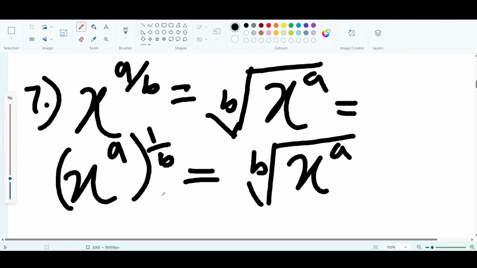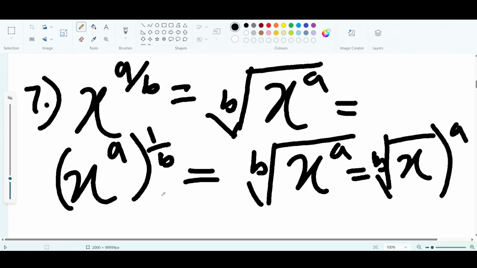See, so this could also be written like this: the ath root of x, everything raised to power a. That is, you put everything in brackets. The bracket now comes outside, and the power of this one is 1. It is still the same thing, because if this one multiplies this, of course we still get the same answer.